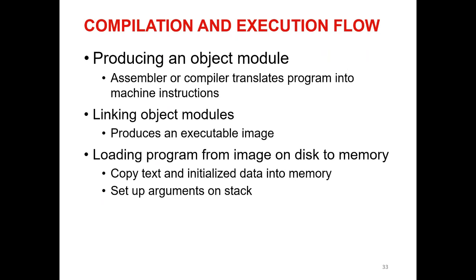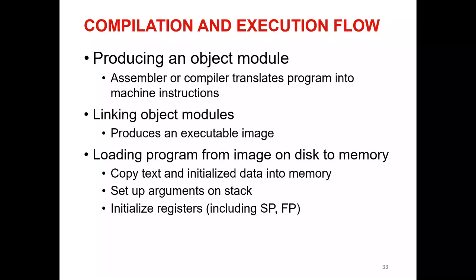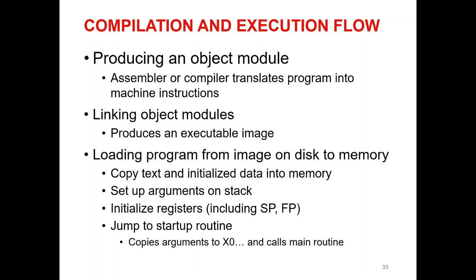I am setting up the arguments on the stack. I am initializing the registers, the stack pointer and the frame pointer. And I just go to the first routine or the first method in my program, which usually is called main, and I copy the input arguments for this main routine. Remember that the arguments for the functions, routines and procedures are placed in registers x0 to x7.